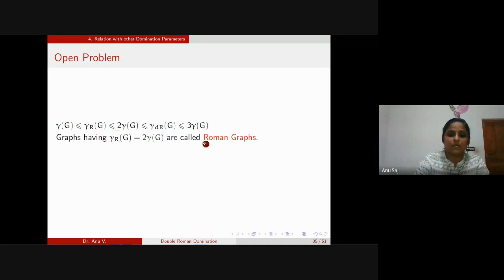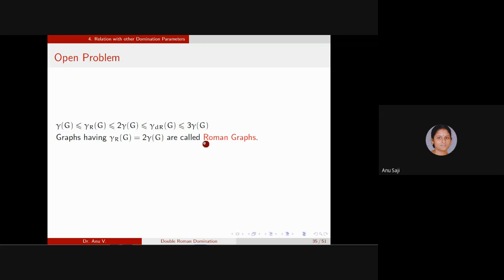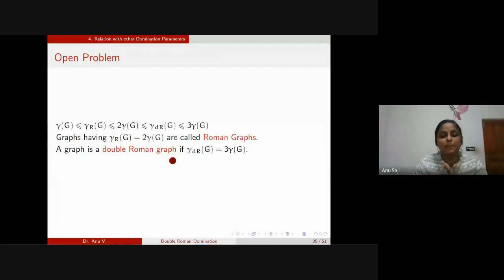Similarly, we can characterize the double Roman graphs, or in particular, double Roman trees.